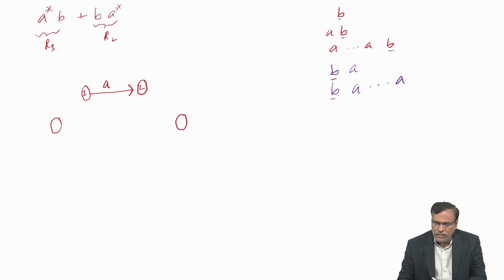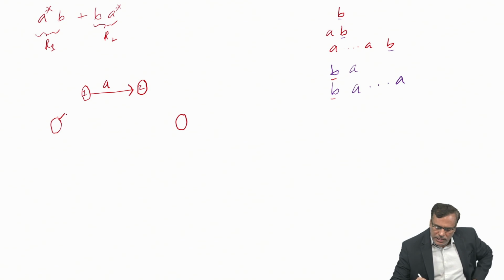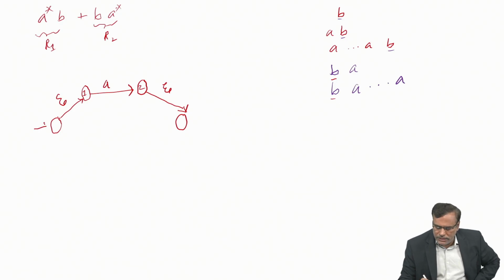From the new start state to the old start state you give a transition on epsilon, and also from the old final state to the new final state you give a transition on epsilon.